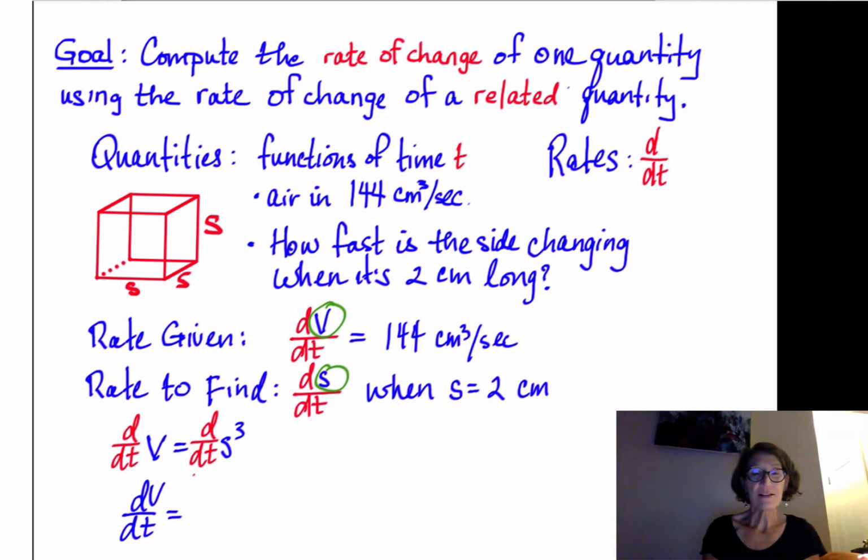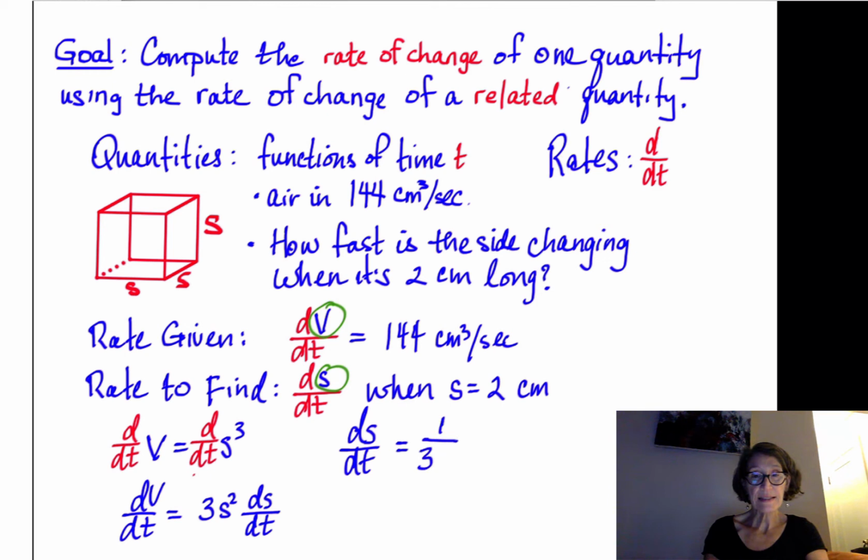We bring down the 3, reduce the exponent by 1. That's the derivative of the outside with respect to the inside. Then we multiply by the derivative of the inside, which is ds/dt. Remember, we're looking for ds/dt when s is equal to 2. If I want to solve that equation for ds/dt, I just divide both sides by 3s squared.